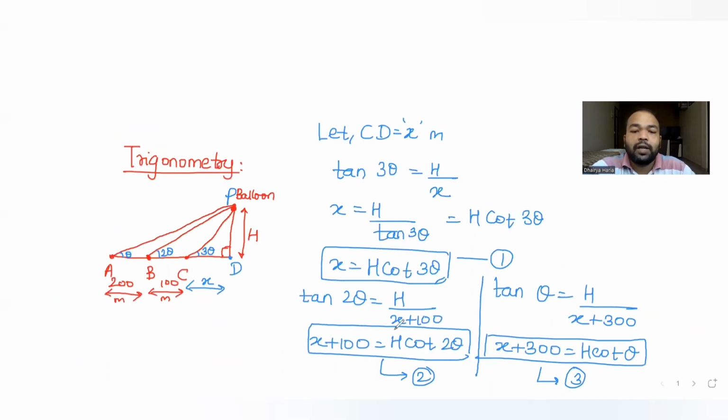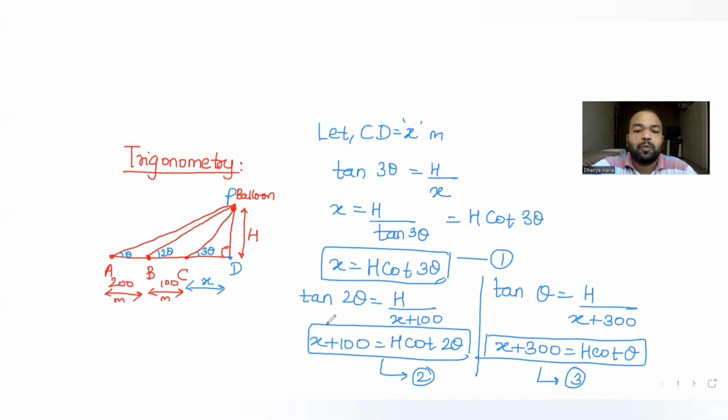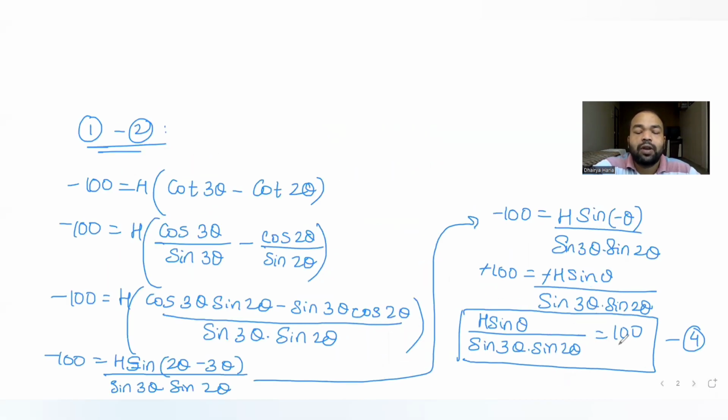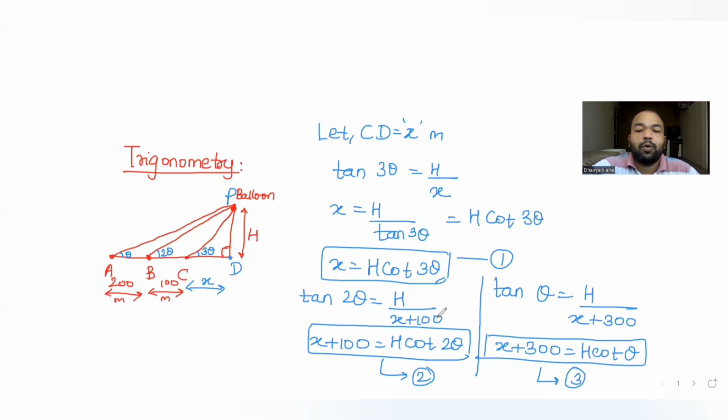Now if I subtract 2 and 3, let's see what I get. 2 minus 3 gives X plus 100 minus X minus 300, so it becomes 100 minus 300, minus 200. That is equal to H; taking common, the left-out terms are cot 2 theta minus cot theta.